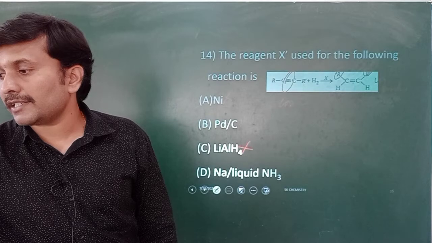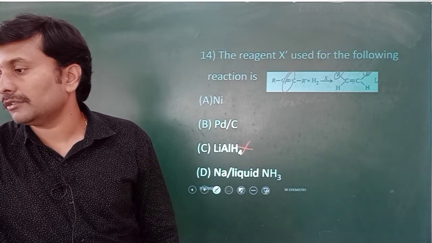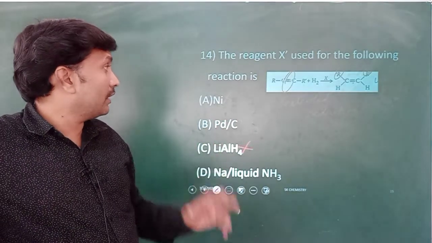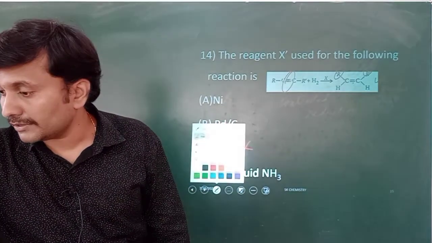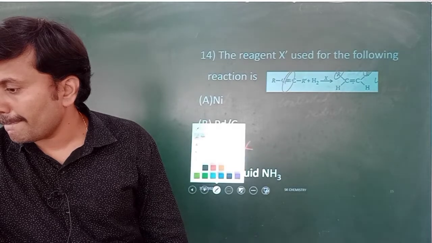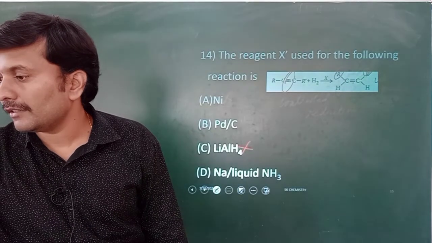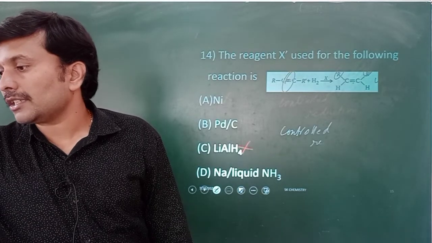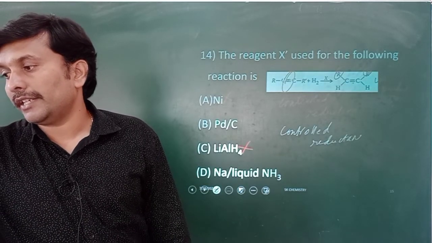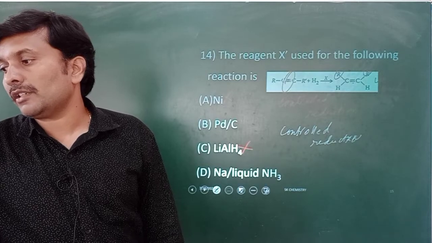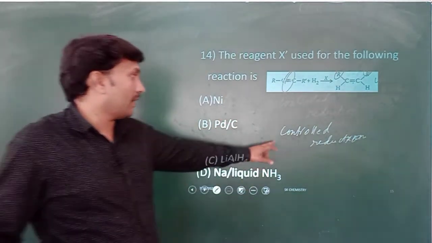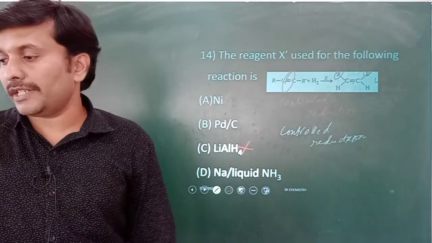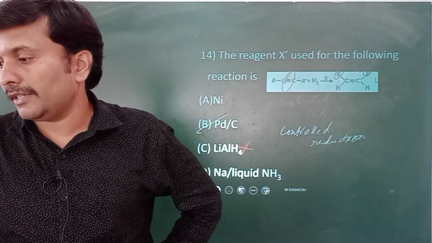This is called controlled reduction. I do not want alkanes, so I should stop the reaction. So I have to use controlled reduction. To do controlled reduction, the only reagent is option B, palladium in the presence of coke.